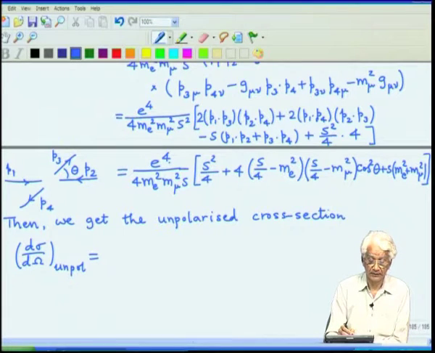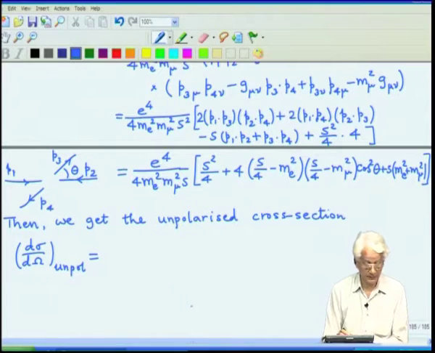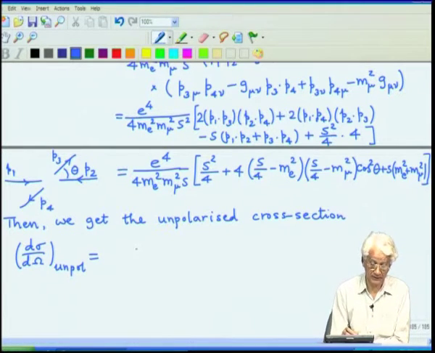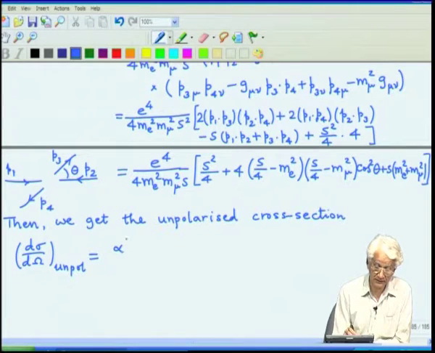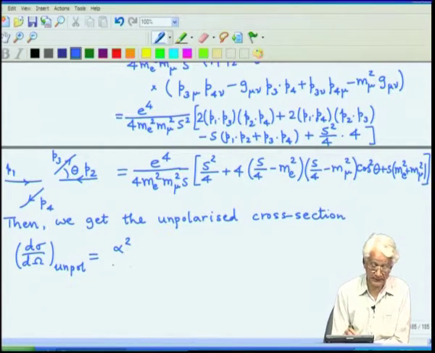There is e to the 4 and there are factors of 16 pi squared in the denominator, which can be just written as alpha squared. Alpha is the fine structure constant. The masses in the overall proportionality actually completely cancel out, and one is left with this factor of alpha squared by s cubed.